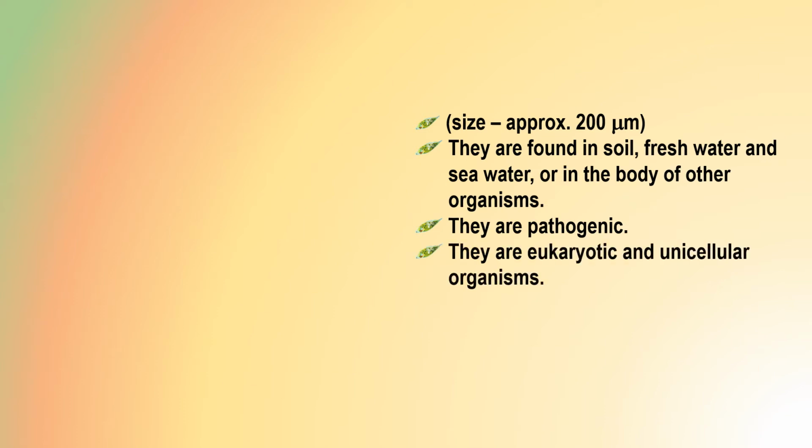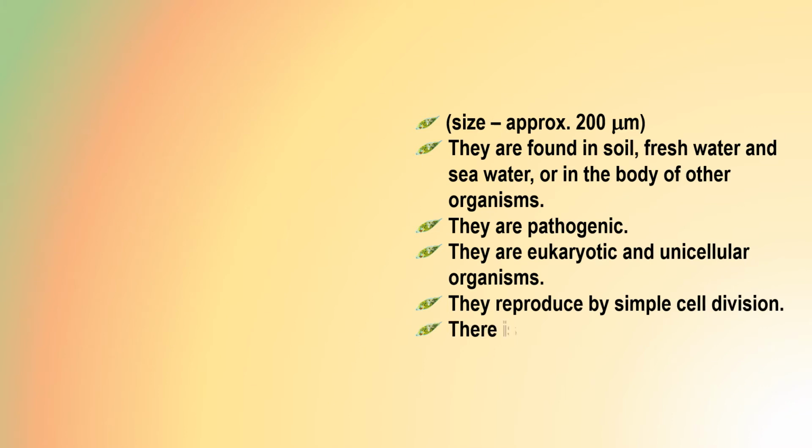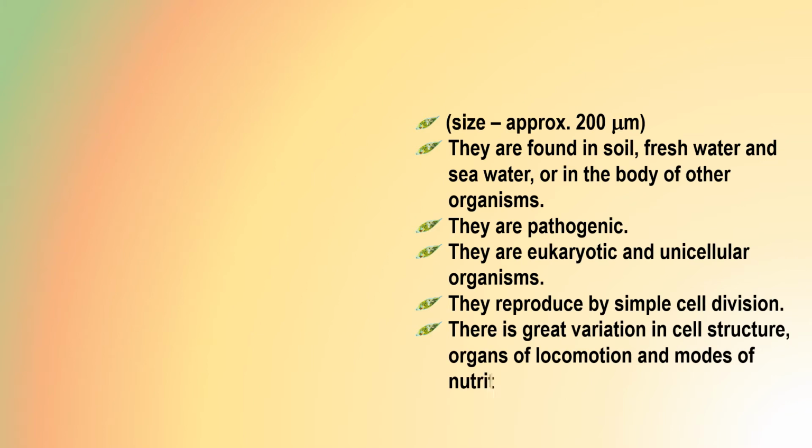They are eukaryotic and unicellular. Eukaryotic meaning nucleus of the cell is well defined with a nuclear membrane around it. They reproduce by simple cell division, but these organisms show great variation or difference in cell structure, in their organs of locomotion, of movement, and of modes of nutrition.